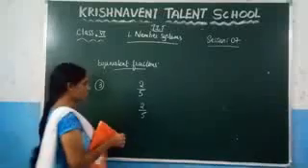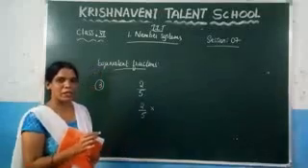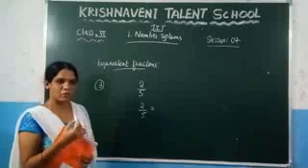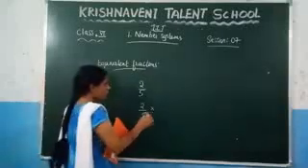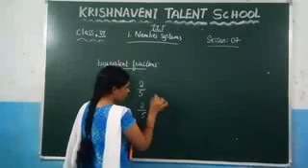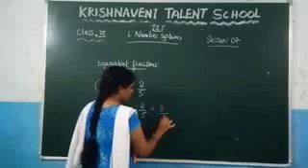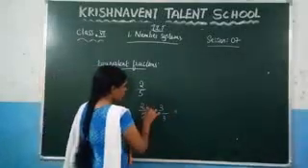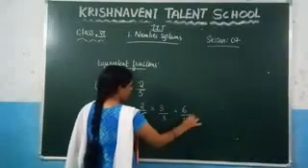So here you need to consider the fraction and multiply by a number of your choice. You can take any non-zero number. Let me take 3. You need to take the same number in the denominator. So what you will get is 2 into 3 which is 6, and 5 into 3 which is 15.